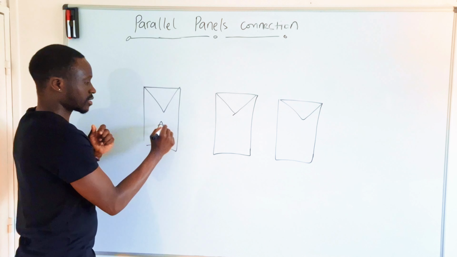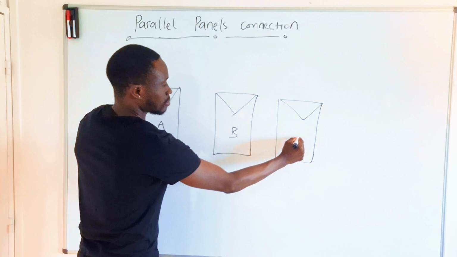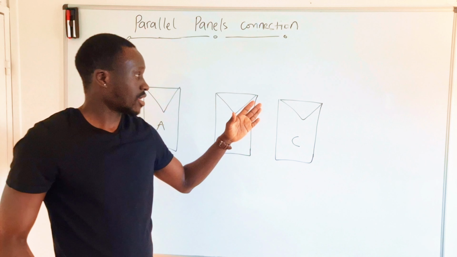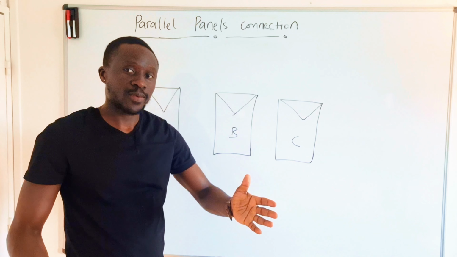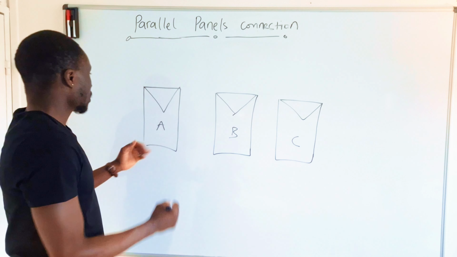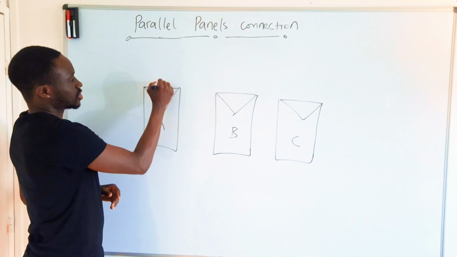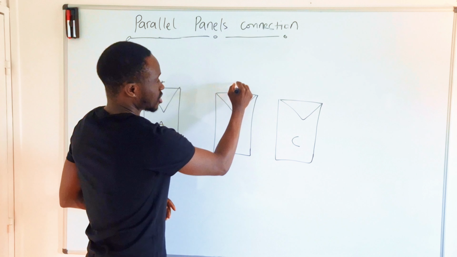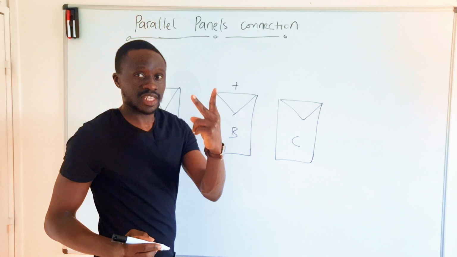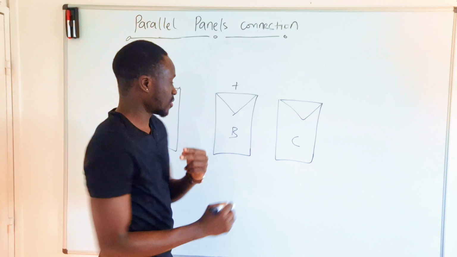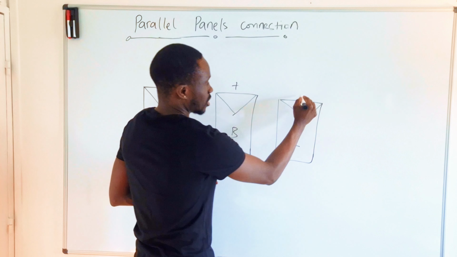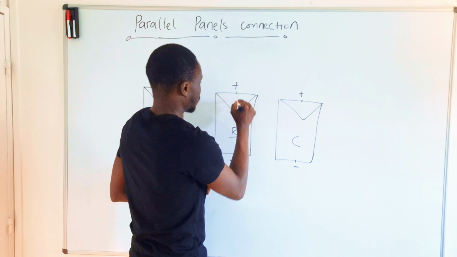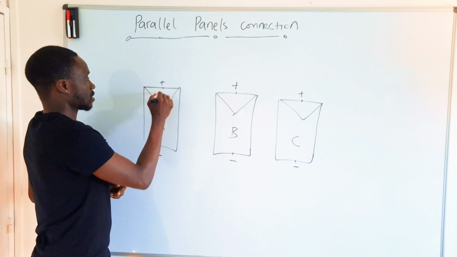This is panel A, panel B, panel C. We want to connect these in parallel. We have positive, this side negative, because every panel has two terminals, a positive terminal and a negative terminal. Here, negative terminal, a positive terminal. Here, a negative terminal.